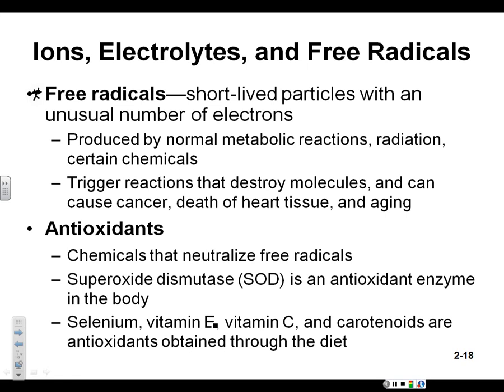Antioxidants are things like vitamins and nutrients that help keep us from getting sick. They help neutralize free radicals to make them no longer harmful, like taking vitamin C, vitamin A, or vitamin E, things of that nature.